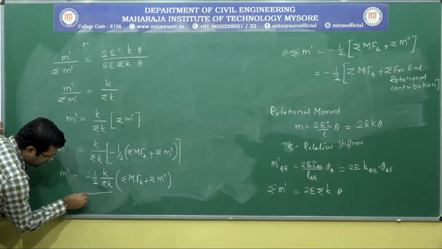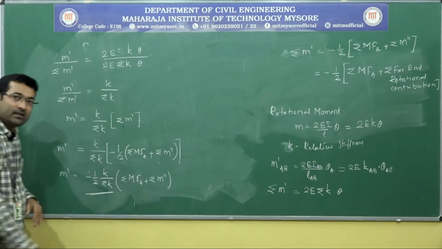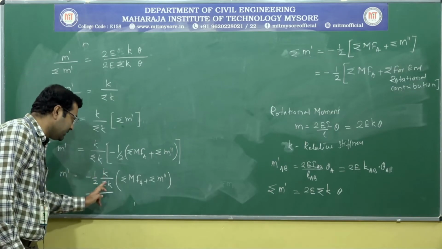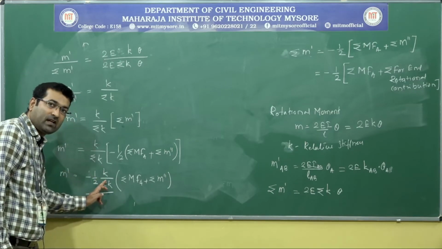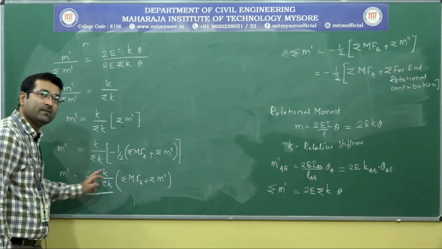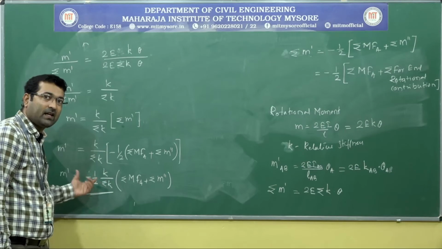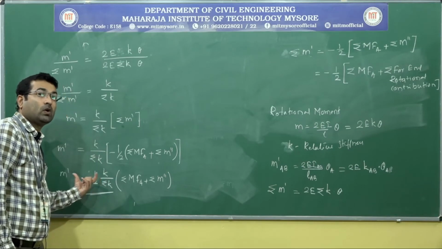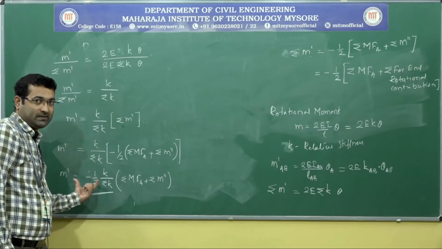This term, minus half of K by summation of K, is based on the distribution factor, and it is nothing but the rotational factor.